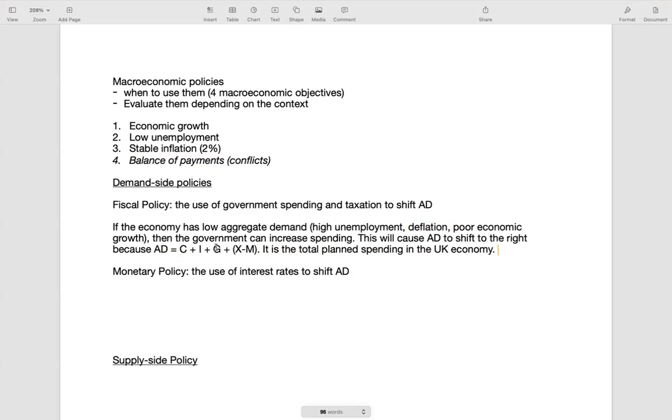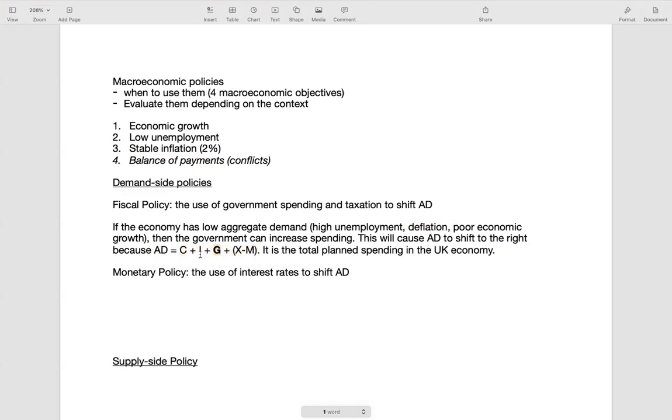So do you know what C, I, G, and X minus M are? X minus M is exports and imports, right? Yep. G is government spending, I is investment, so basically firm spending, and C is consumer spending. So all the types of spending that happen in the economy.